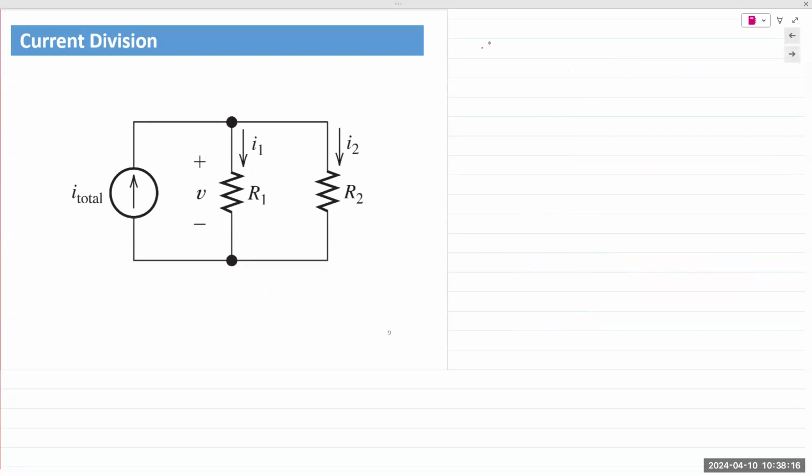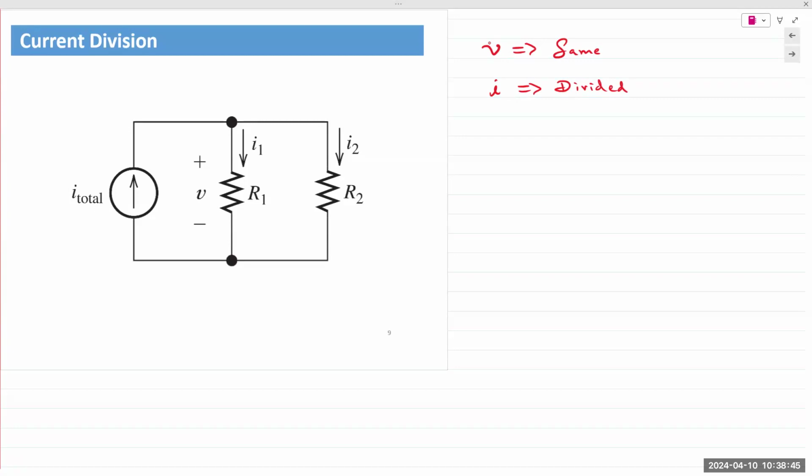So in a parallel circuit, V is the same, current gets divided. So current division, again, is a shortcut derived from Ohm's law. The example shows 2 resistors, but it applies to any number of resistors connected in parallel. It doesn't matter how many you have in the actual circuit.